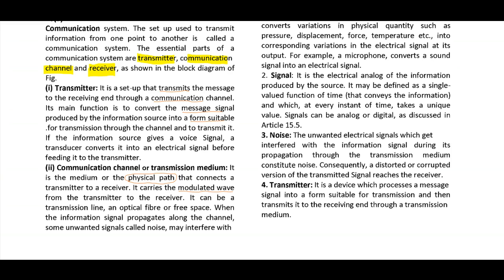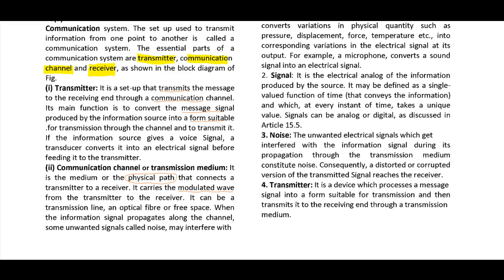It receives a signal to be transmitted, and then faithfully it carries the signal up to the receiver, and then the receiver receives the signal. And now the most important medium of communication can be what?